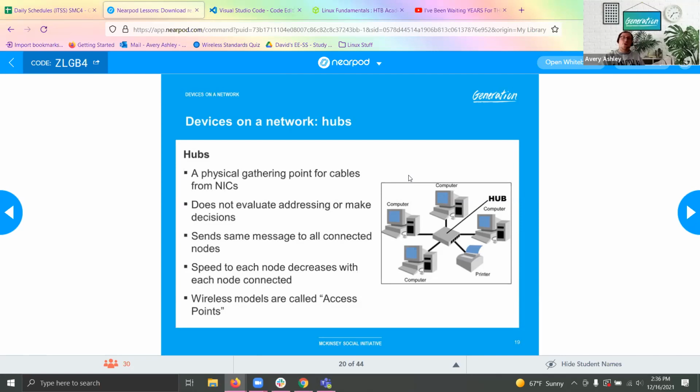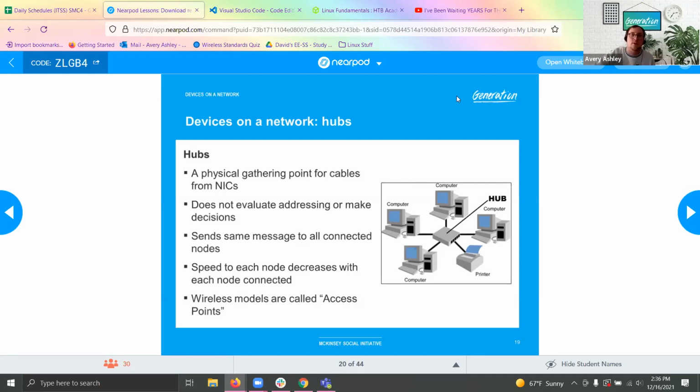So hubs are known as dumb devices. They essentially just connect all of the devices to a central point, and that's how they communicate with each other.